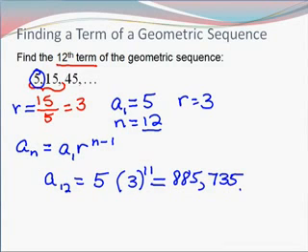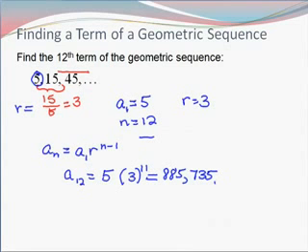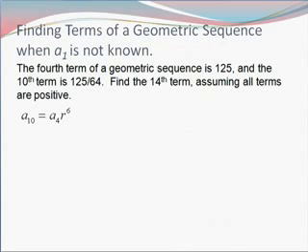Next, we're going to look at what happens when you don't know what A1 is. In this case, being that we don't know what A1 is, we can't really use An equal to A1 r to the n minus 1 directly.